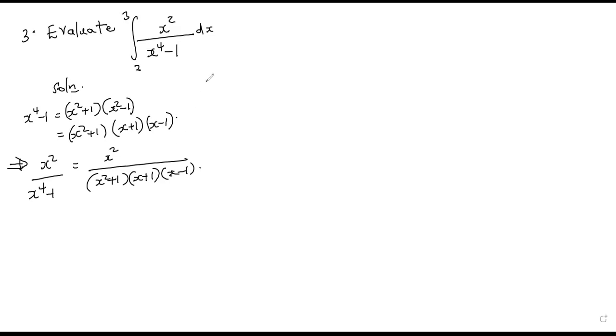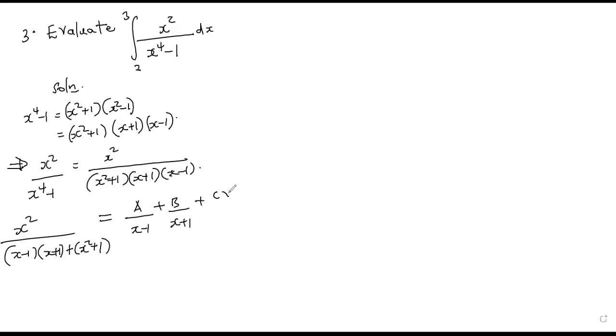If I put it into partial fractions, x squared over x minus 1, x plus 1, and x squared plus 1 is equal to a over x minus 1 plus b over x plus 1 plus cx plus d over x squared plus 1.